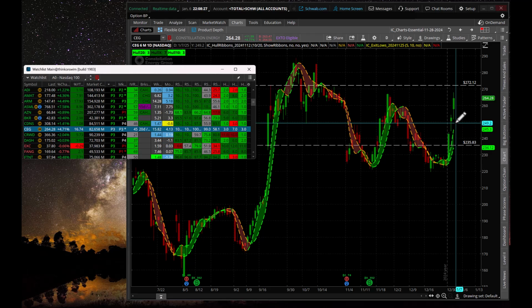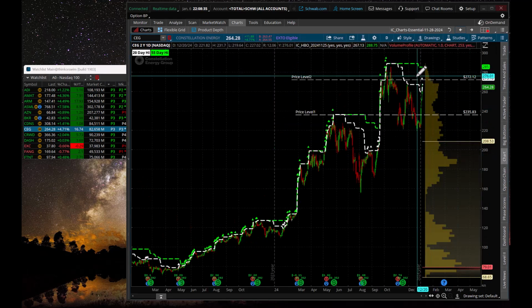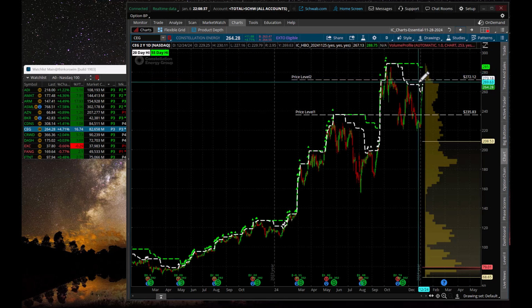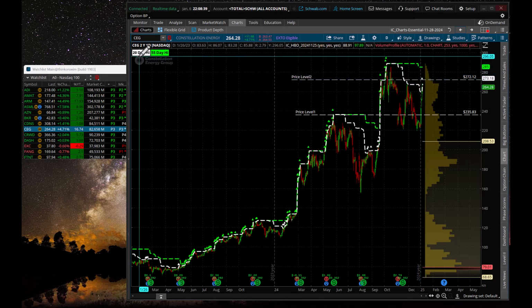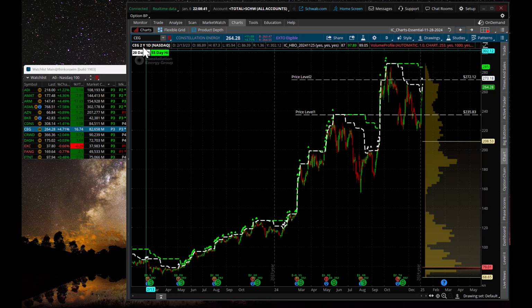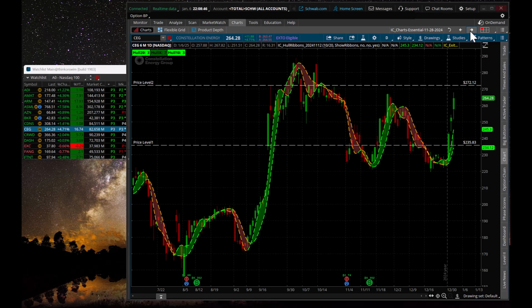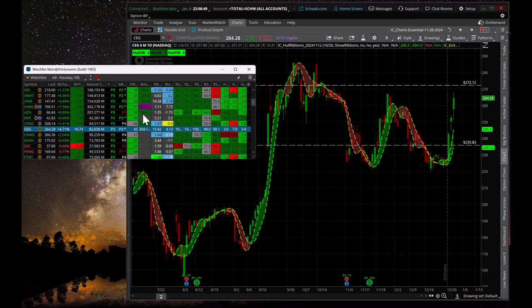We could see the 20-day high if we looked at a different chart. This white triangle right over here means that it's got a 20-day high for the day for Constellation Energy. So this is a case where we have multiple conditions happening at the same time.